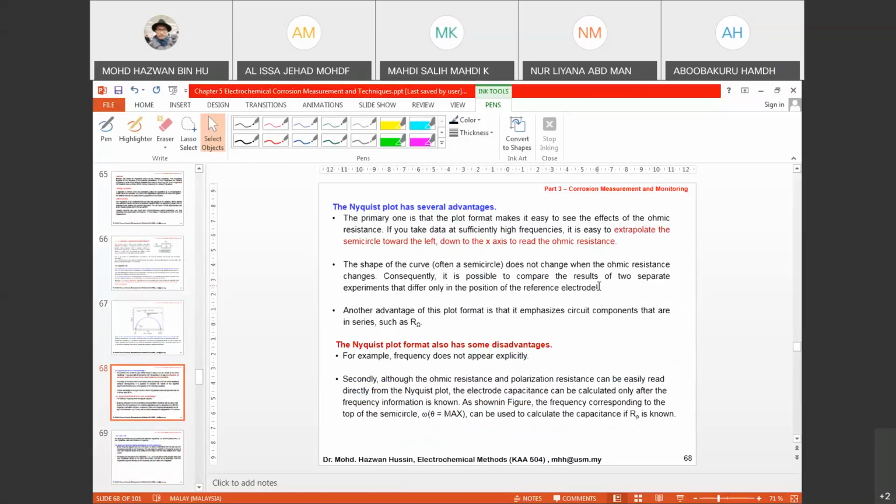I guess this is quite important for you guys to remember, because some people, when they do EIS, prefer to see the Nyquist plot because it's easy to see the pattern. If you have two semicircles, you know that we have a coating. If you have a semicircle with a 45-degree increase, then we have Warburg.